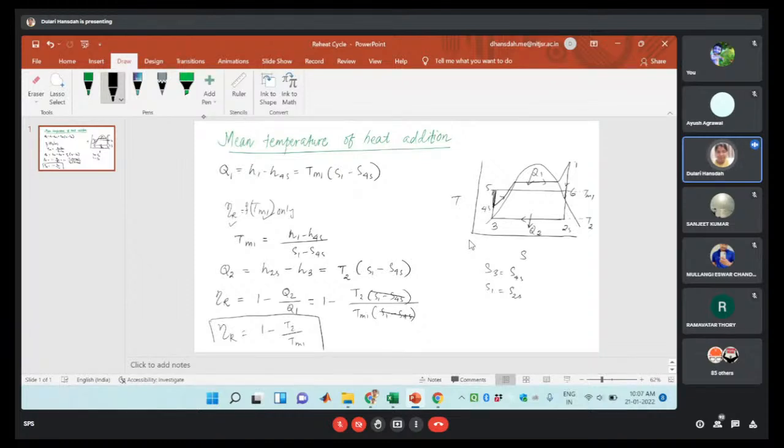T2 temperature means the temperature at which heat is rejected, and your mean temperature. If this T2 temperature is lower at a given value of your mean temperature, then we get the higher efficiency of the Rankine cycle.